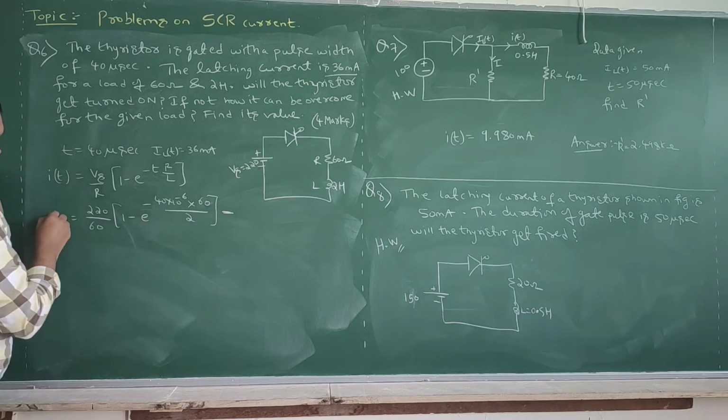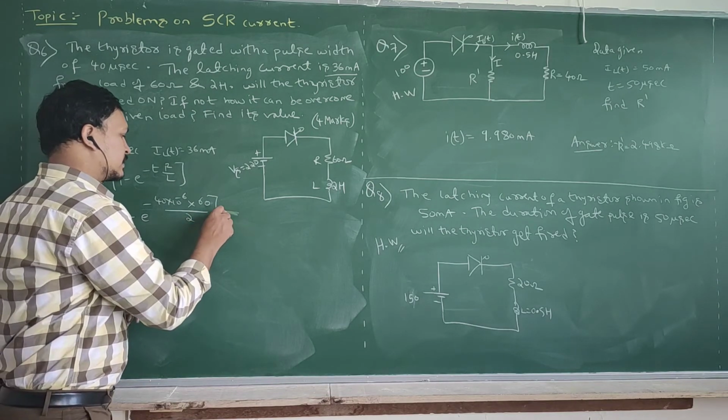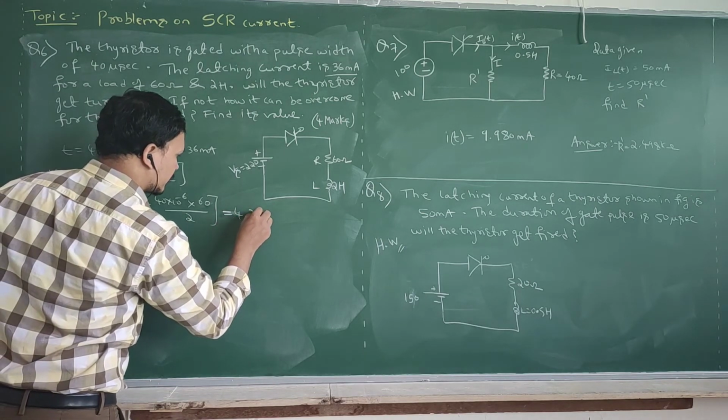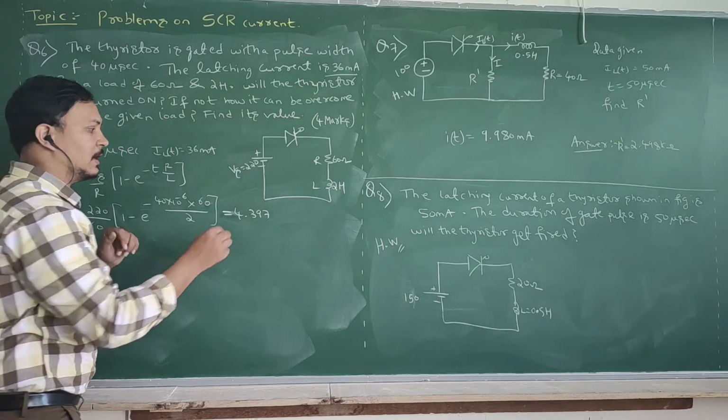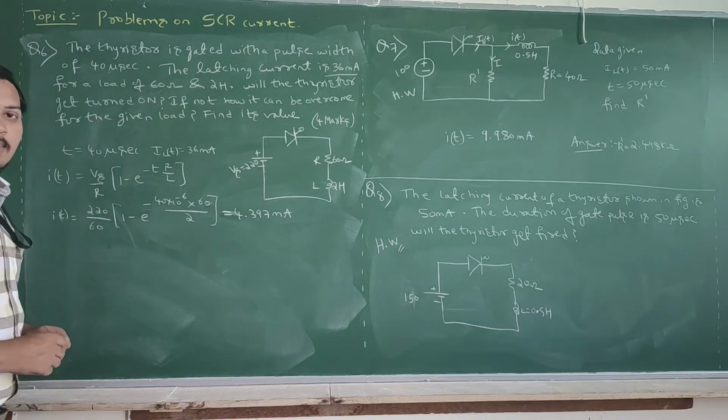So you calculate this in the calculator. You will get an answer of around 4.397 milliampere.